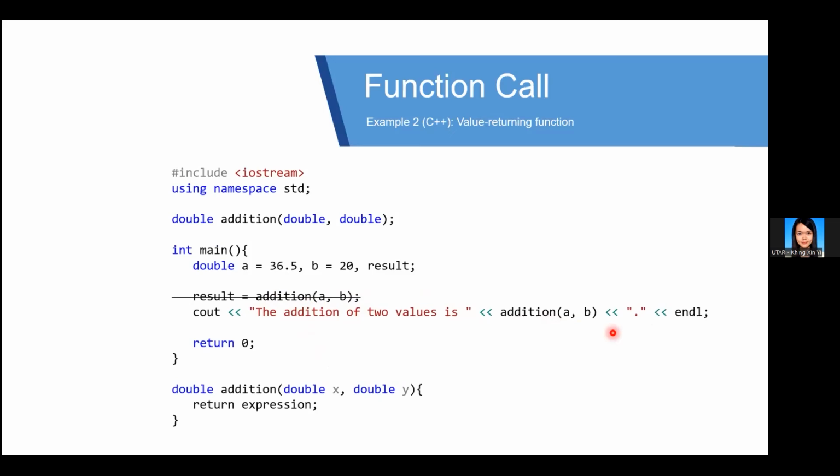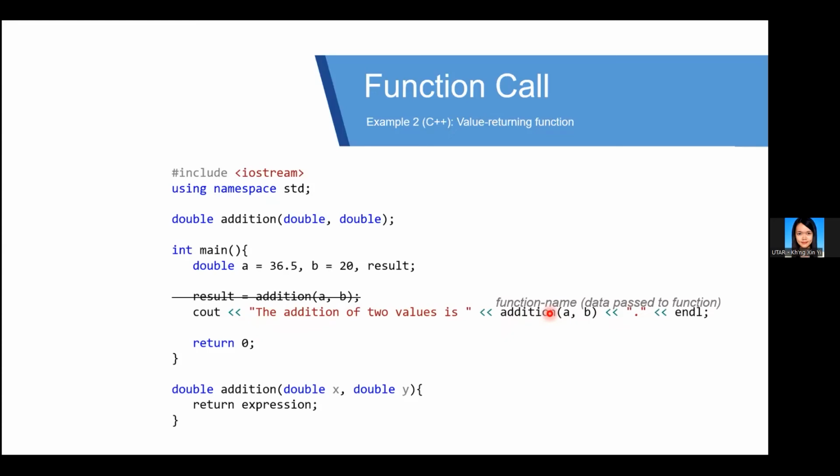You can see that I just use the cout here, and then I do the function call here. This is the function call, right? The addition is the function name, and then A and B are the data passed to the function. Why can we just put the function call in this cout statement? Because it's going to print out the return value directly.